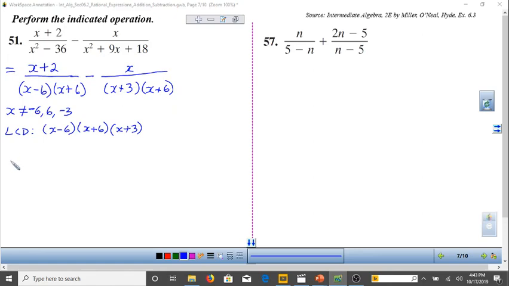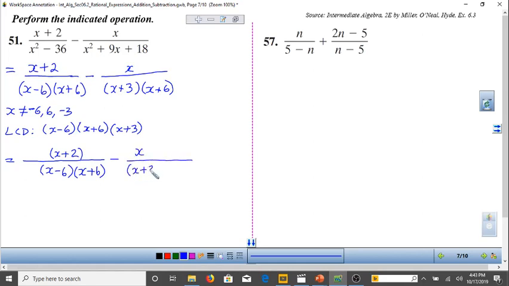Which is we're going to need the denominators to be both the same. So I'm going to put the numerator in parentheses, and I'm going to multiply each fraction by an appropriate factor, numerator and denominator, so that we get the same denominator for the fractions.